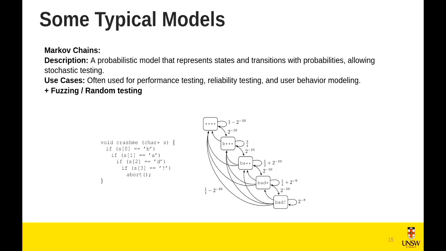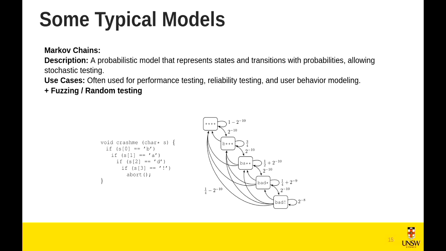A Markov chain is actually similar to a finite state machine. Each one of the nodes here represents a state of the program. This one here represents the state of the program before the first if, because this string cannot pass the first if.